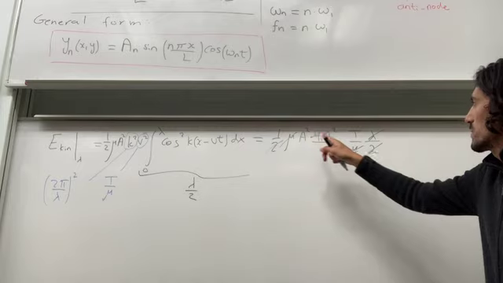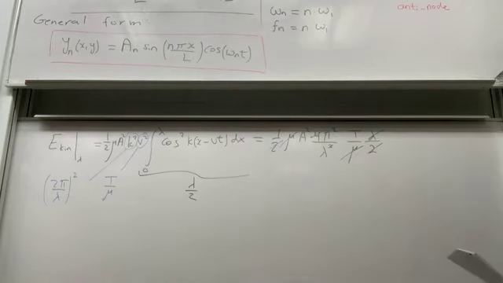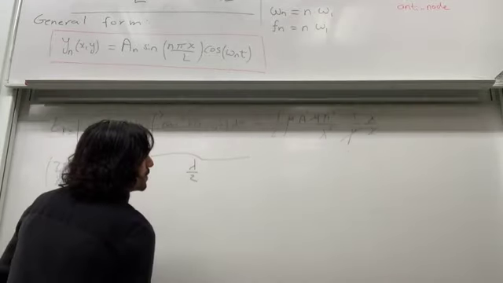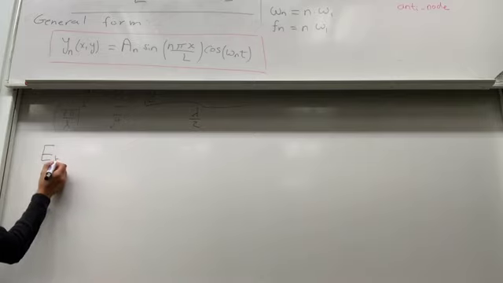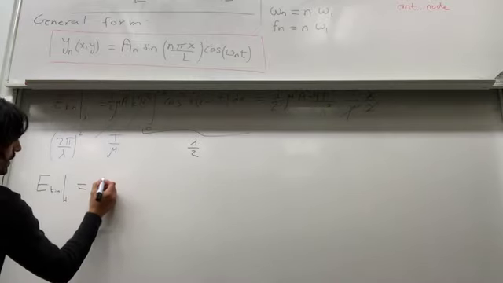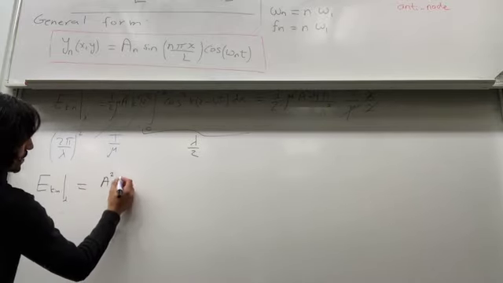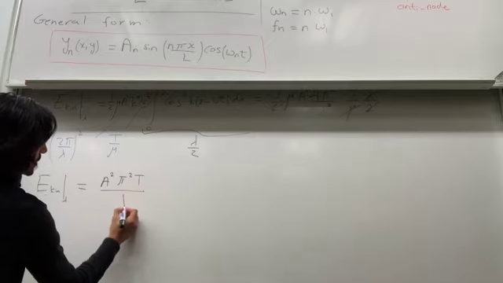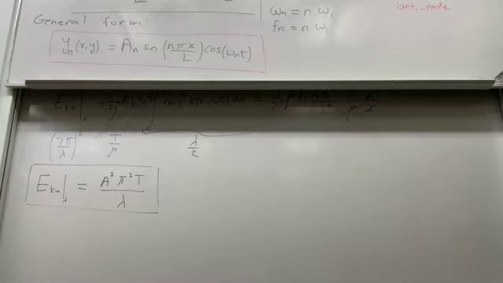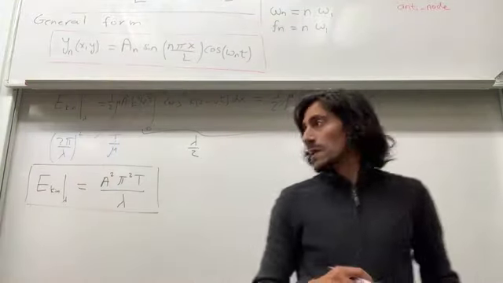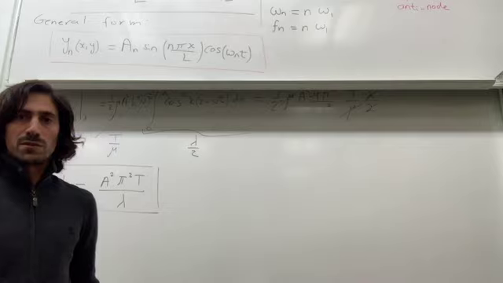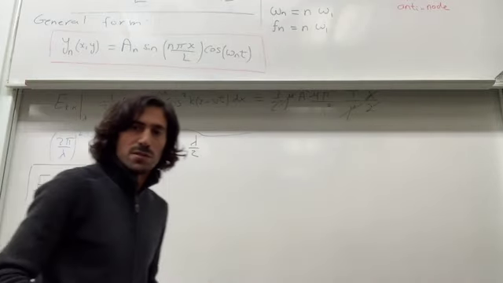So we have A squared pi squared T over lambda. So the kinetic energy in one wavelength equals A squared pi squared T over lambda. The energy is proportional to the amplitude squared. If I increase the amplitude of the disturbance by 2, the kinetic energy increases by 4.